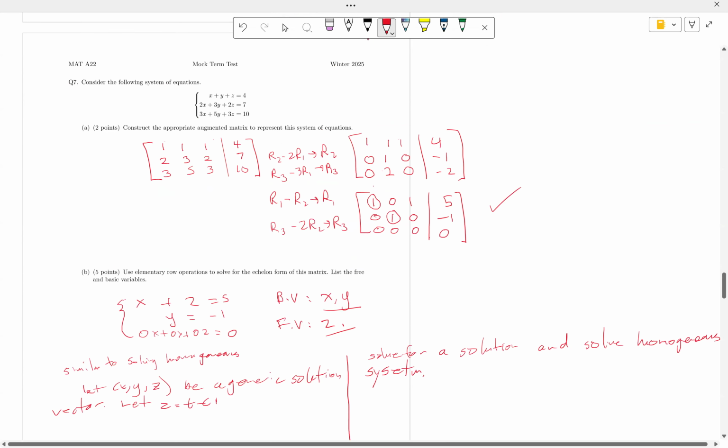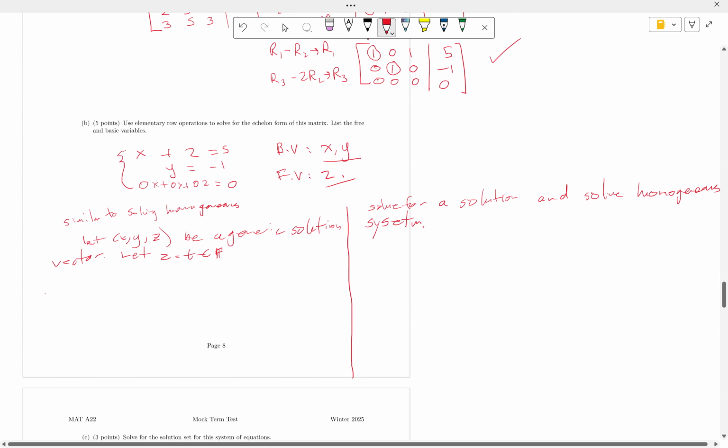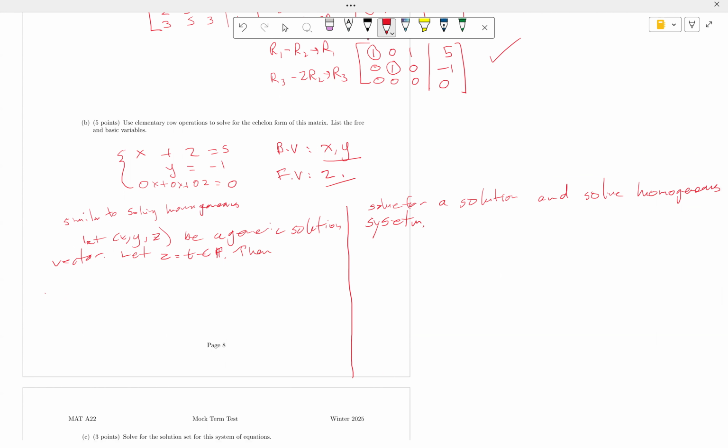Let's scroll up. We're not told, so it's just an element of the field. Okay. Then, now that we've let our free variables be free, we can rewrite x in terms of those free variables. X equals 5 minus t, y equals -1.